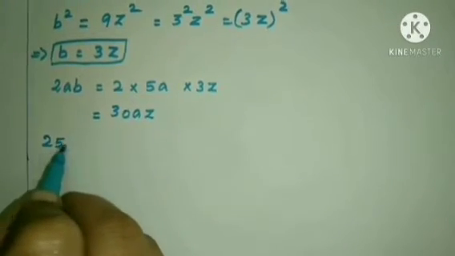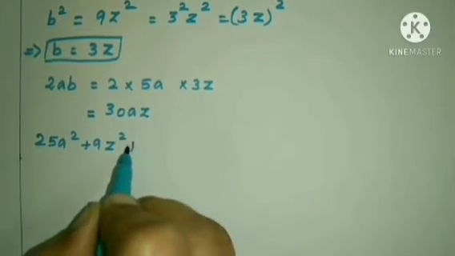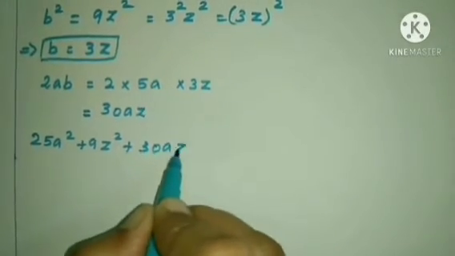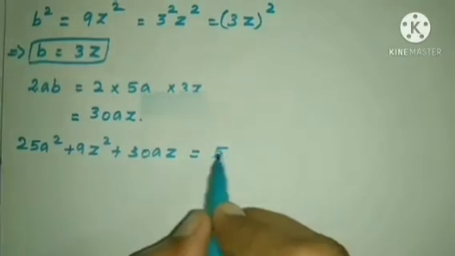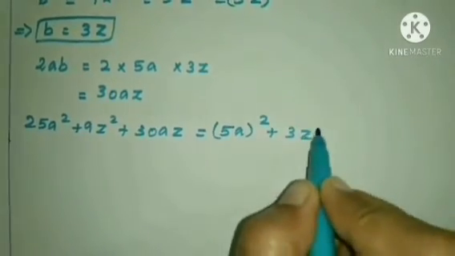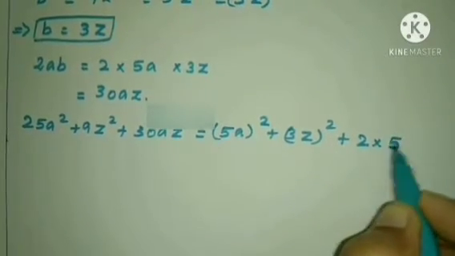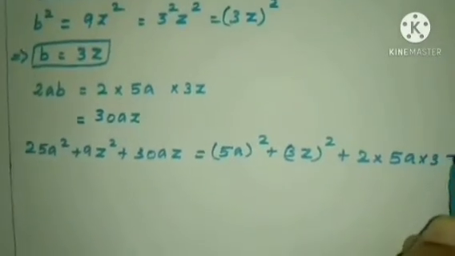That is 25a square plus 9z square plus 30az, which is equal to (5a) the whole square plus (3z) the whole square plus 2 into 5a into 3z.